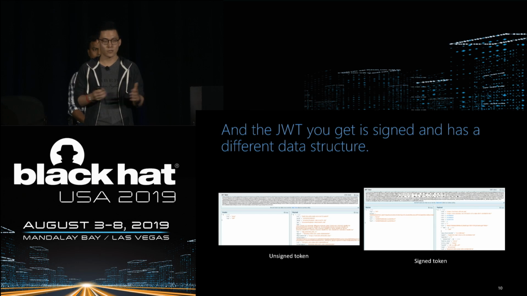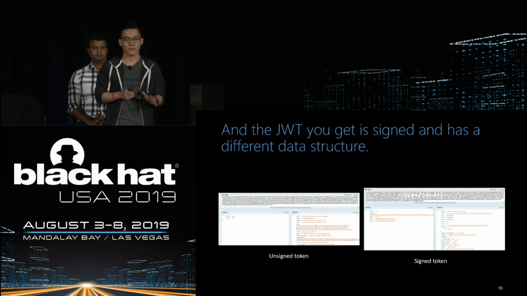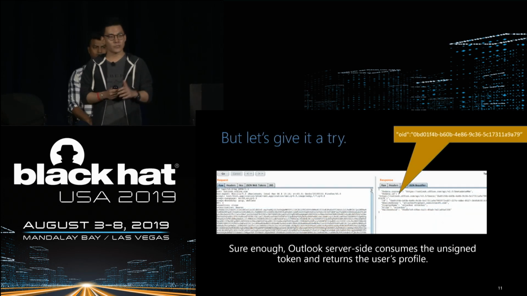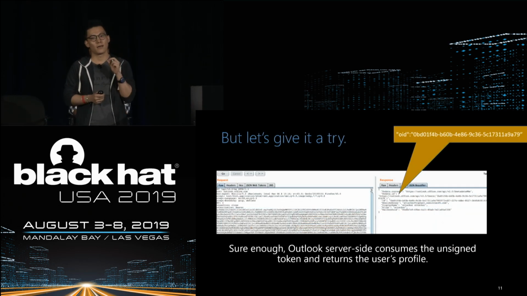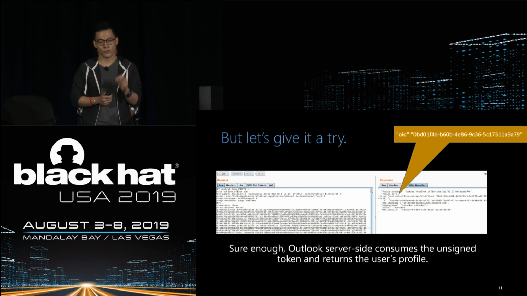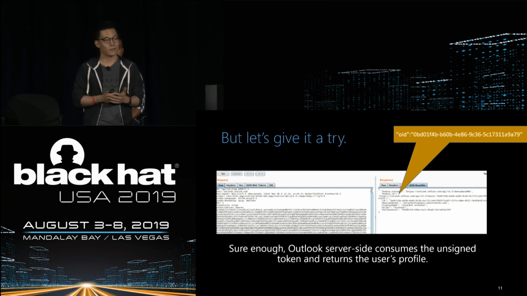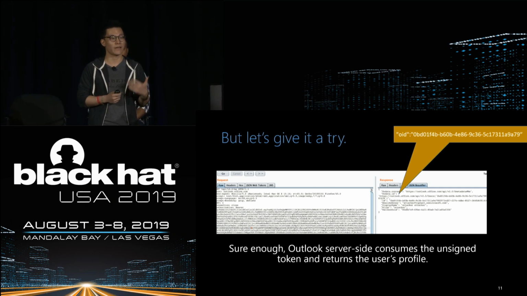Those tokens also have totally different data structures, so it seemed totally irrelevant at first. But why not give it a try? So I placed this unsigned token in the authorization header and sent a request to one of the basic RESTful APIs. And suddenly the server side returned that user's profile.